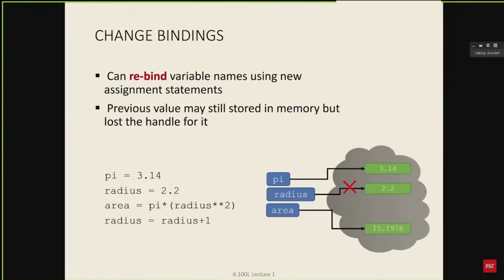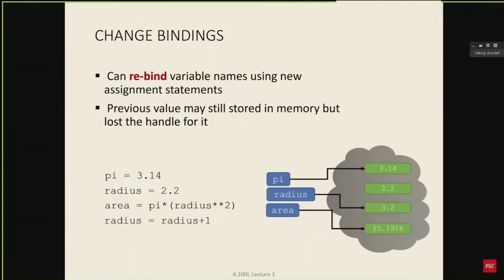So if we look at the right-hand side first, we see radius. Well, what's the value? 2.2. We see add 1 to it, 3.2. Save that in memory, and then we see the assignment. Now save it with the name radius.